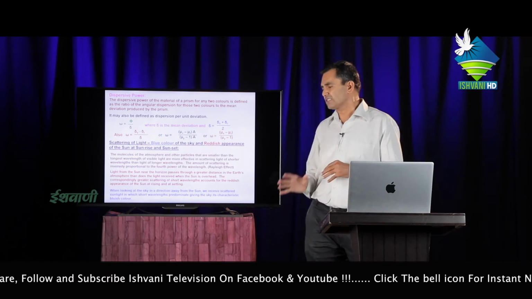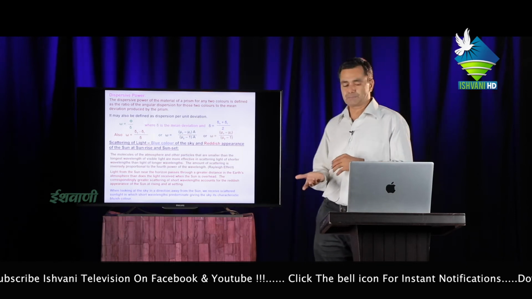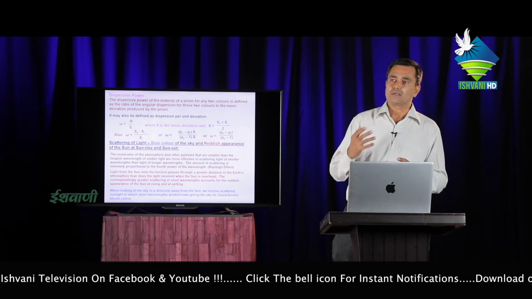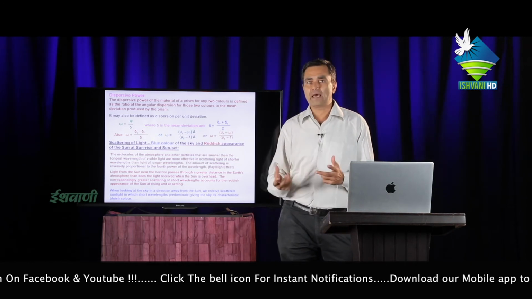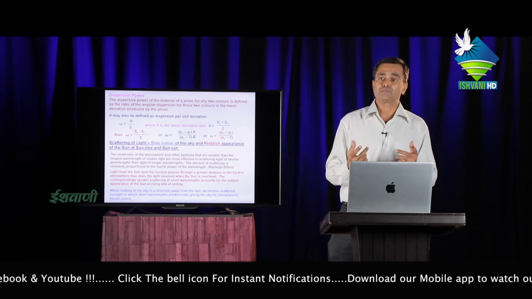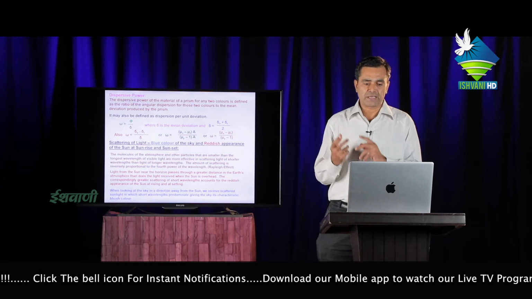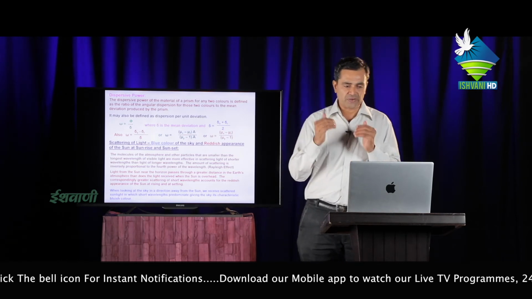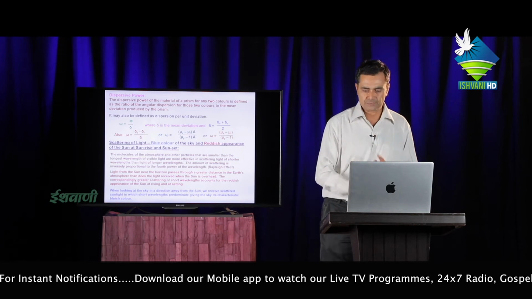But if wavelength is very low, then intensity is very high. For blue color, the intensity is very high because blue color has low wavelength, but red color has high wavelength, so the intensity of red color is very small. This is called Rayleigh's effect.